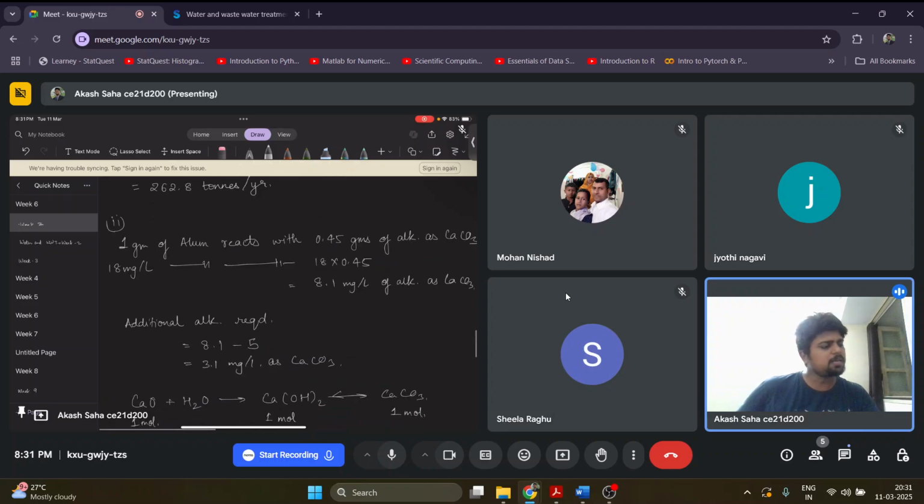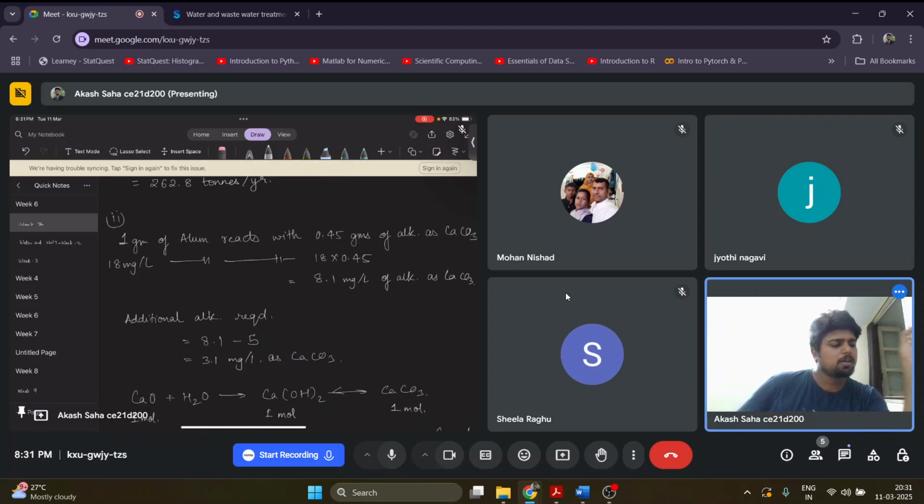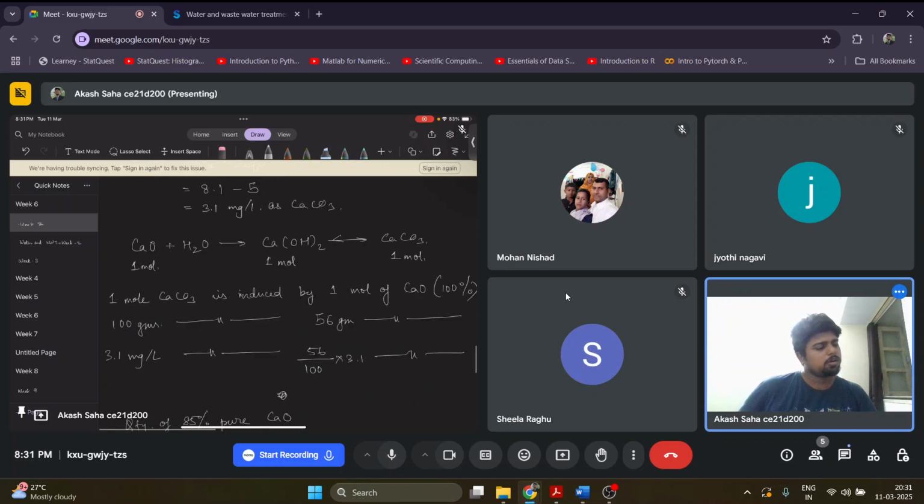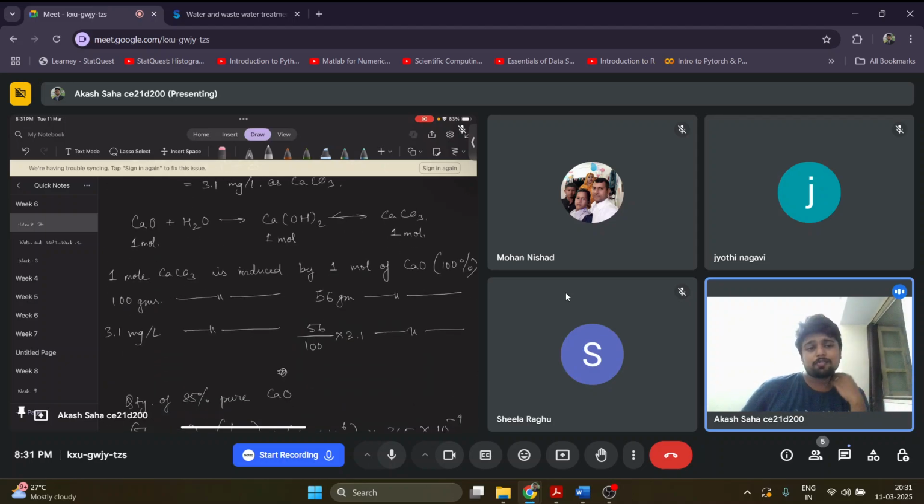Then to find out the alkalinity, 1 gram of alum always reacts with 0.45 grams of alkalinity as CaCO3. So for my 18 milligram per liter, it will require 8.1 milligram per liter as alkalinity as CaCO3. So 5 is already there, so we need extra 3.1. Now this alkalinity is in terms of CaCO3, but what we are putting is CaO.